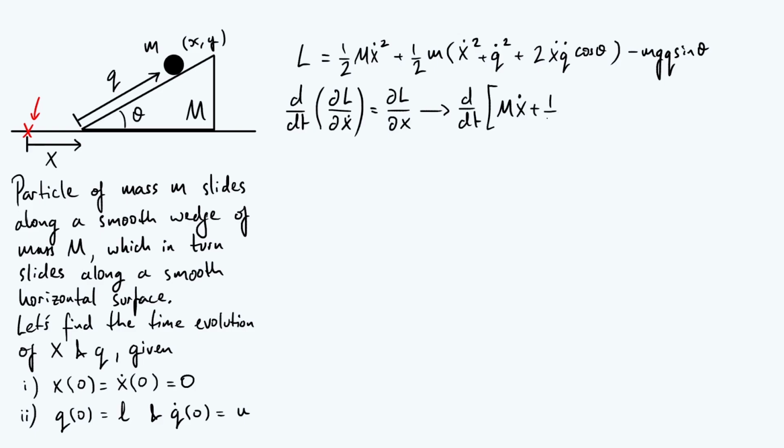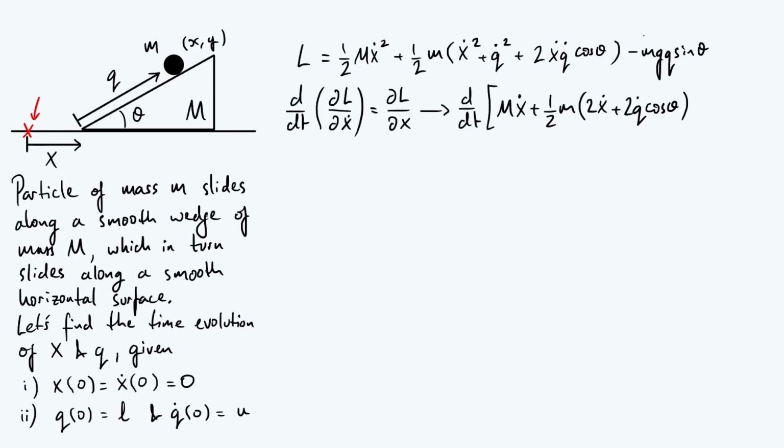Then I'm going to keep my pre-factor of half lowercase m so that I can differentiate the bracketed terms term by term. The X dot squared just becomes 2 X dot. The q dot squared doesn't depend on X dot, so that disappears. And the cross term depends linearly on X dot, so you just get the coefficient of X dot, which is 2 q dot cos theta, close brackets.